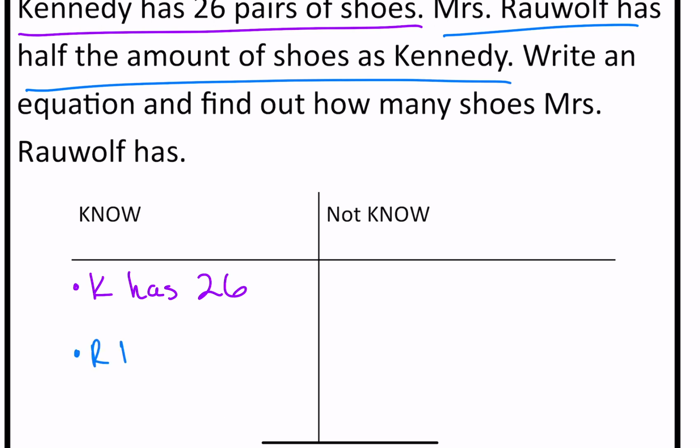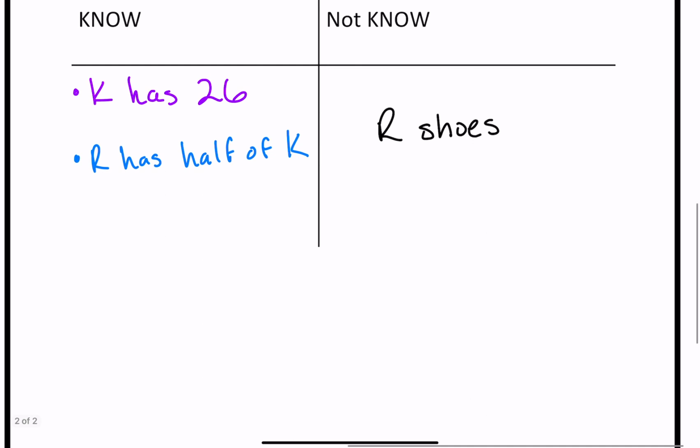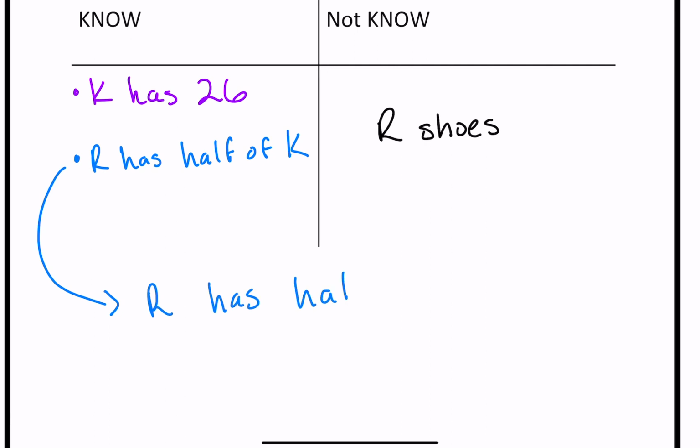So Rawolf has half of Kennedy. What we don't know is Miss Rawolf's shoes. So again, one of these knowns is going to help us with writing our equation, which is this guy. So Rawolf has half of Kennedy.